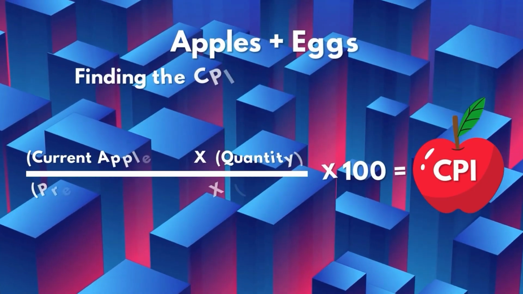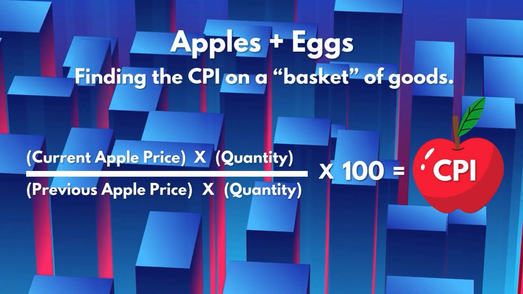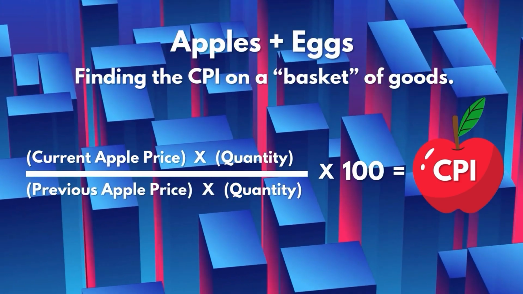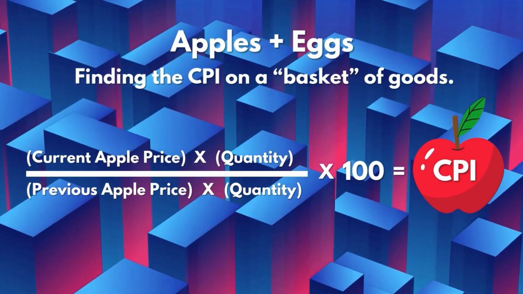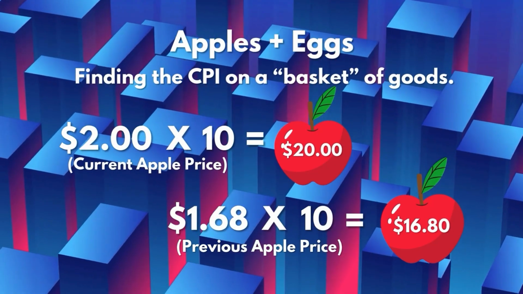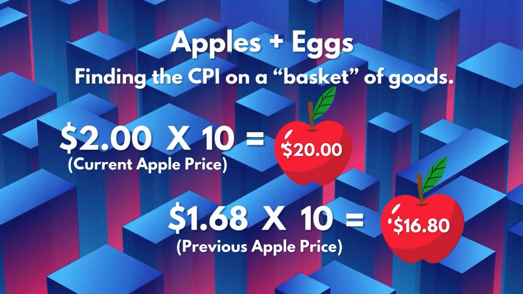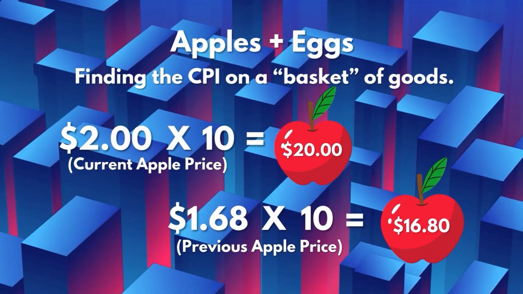You can do this with multiple items too. Let's say apples are $2 a pound, and they were $1.68 a pound a year ago. There are 10 pounds of apples in the entire world. Pretty rare. So we take 2 times 10 to get 20, and we take 1.68 times 10 and get 16.8.